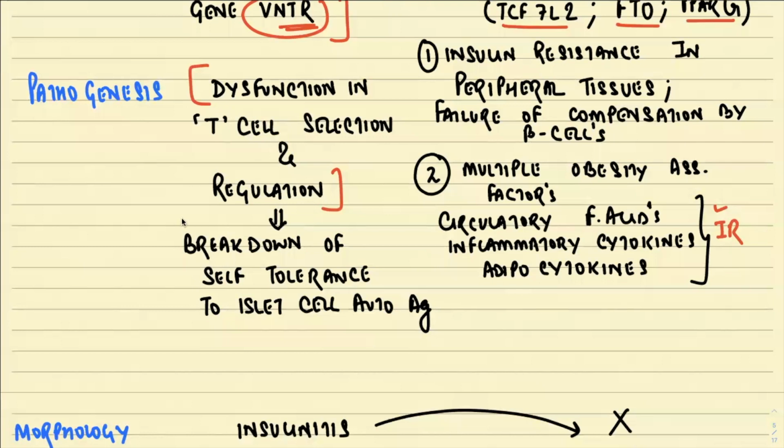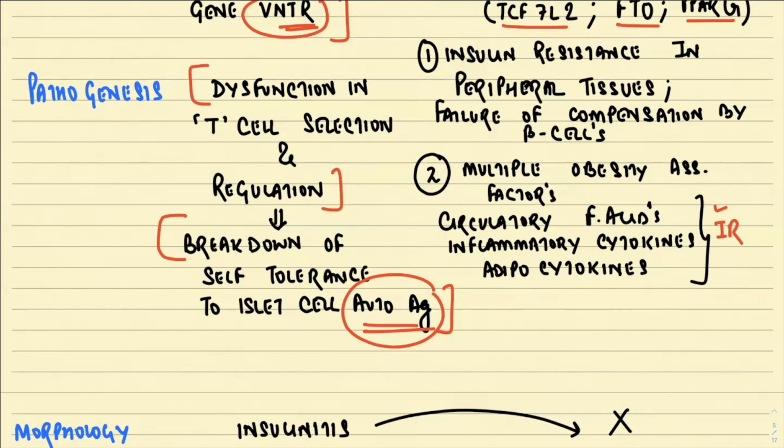So there is a breakdown of tolerance to the islet cell autoantigen. Just remember, there's a breakdown of tolerance. Our T cells and antibodies recognize the islet cells, especially the beta cells, as foreign and go and attack them. This is the basic pathogenesis of type 1 diabetes mellitus.